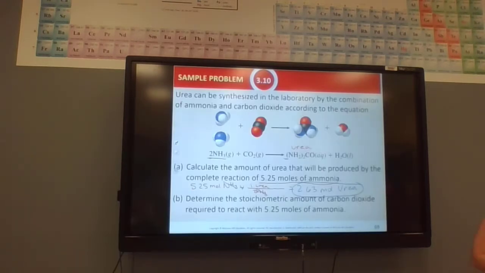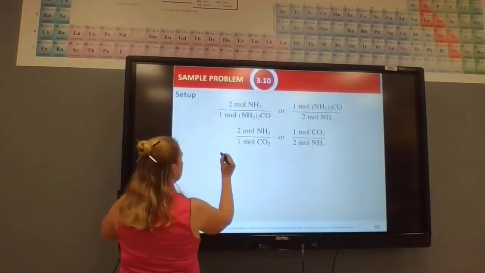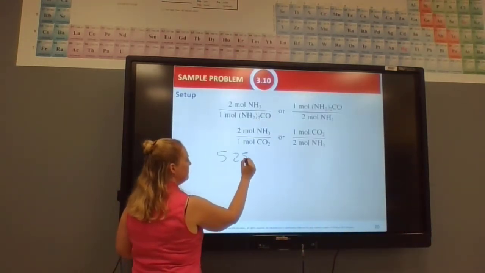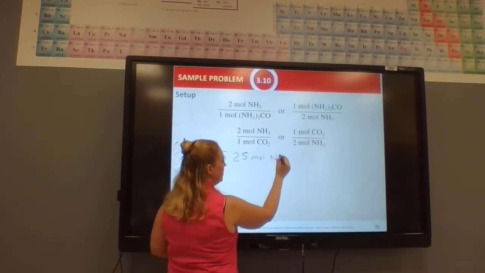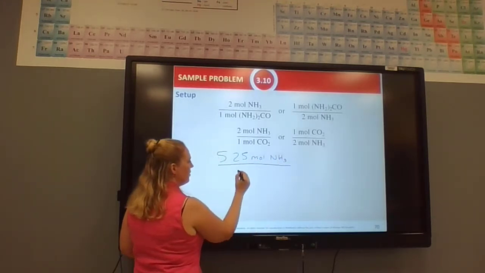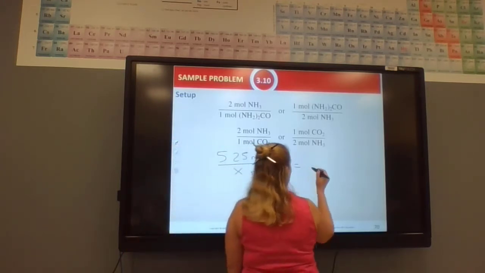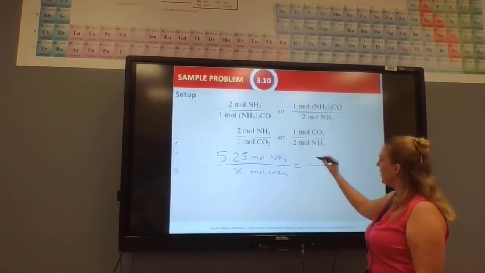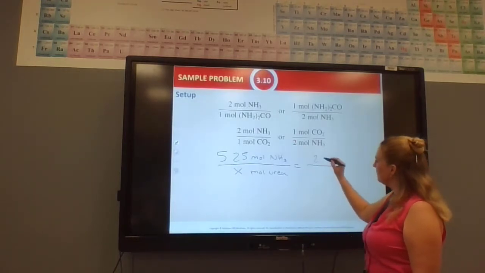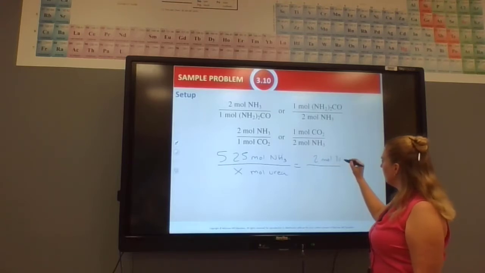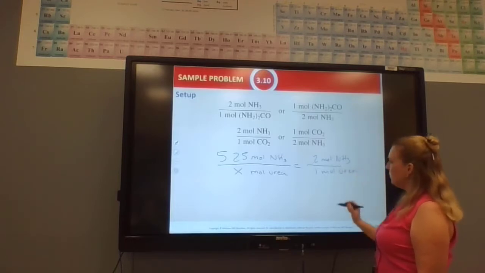I think it's easier for me to write it out as a ratio. So like this: 5.25 moles of ammonia over, we don't know how many moles of urea, is equivalent to the ratio of 2 moles of ammonia to every 1 mole of urea, and then cross multiply to solve for x.